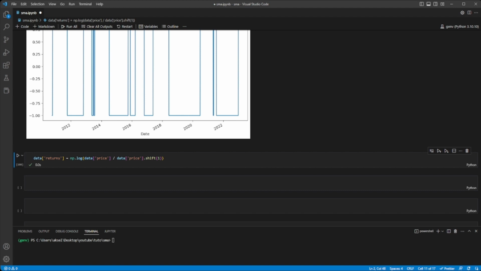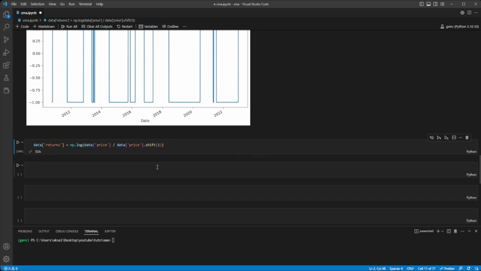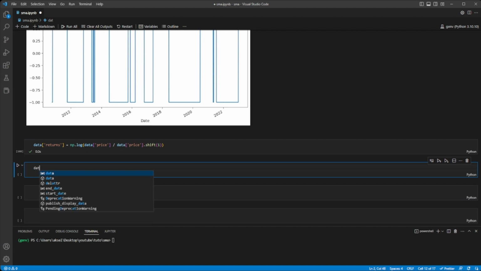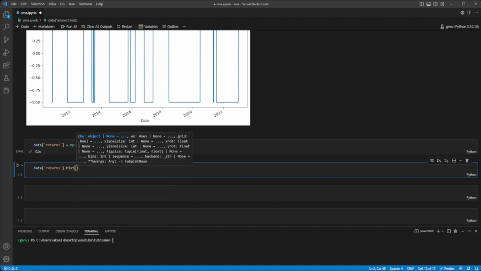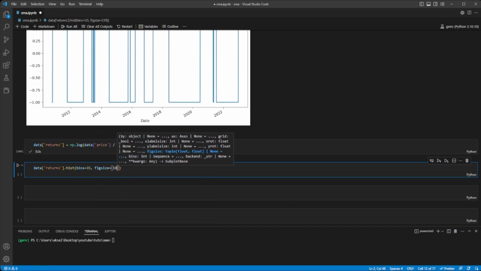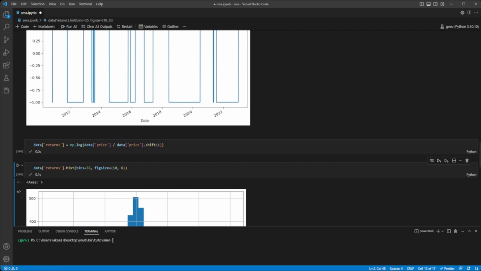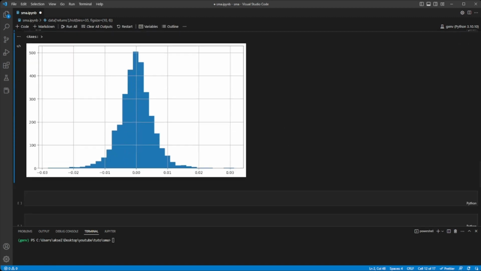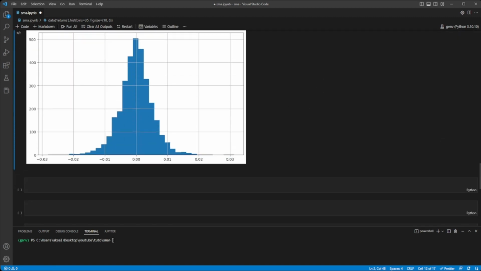So now let's print our logarithmic returns. Our figure size is 10, 6. So now we can see our logarithmic returns.